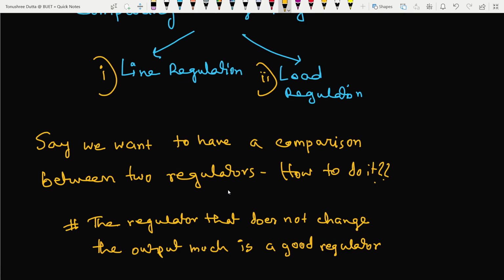If it can sustain some disturbance or changes in the input and keeps the output at a certain level, we know that this regulator is a good one. Next we're going to study line regulation and load regulation and how they can be measured.